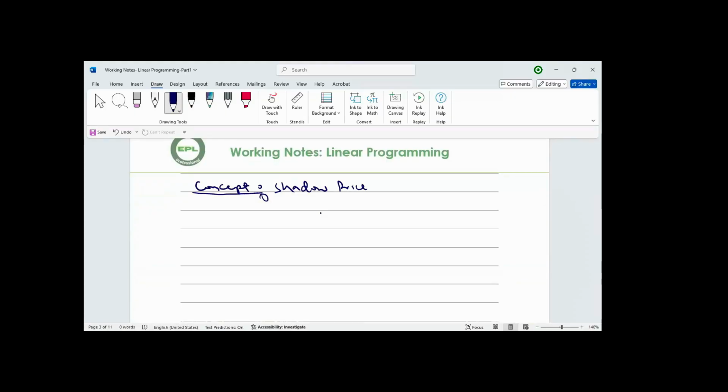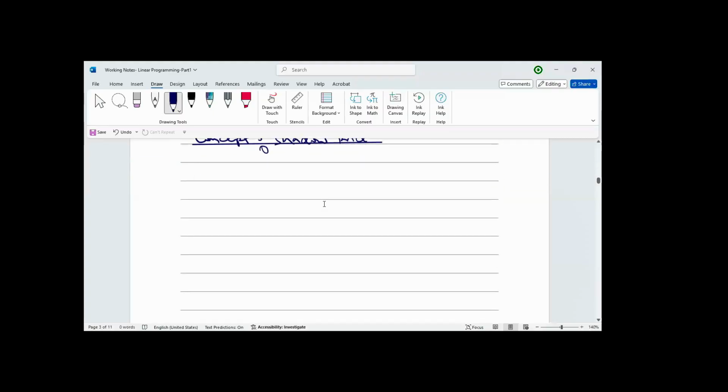So what do you mean by shadow price? The shadow price represents the extra contribution derivable from the additional units of limited scarce resources that have been fully utilized at the optimal level of activity. Let me put it down for you.